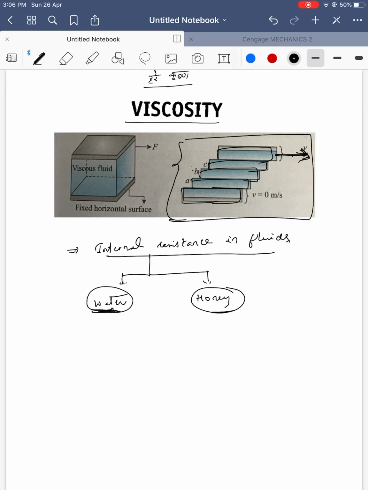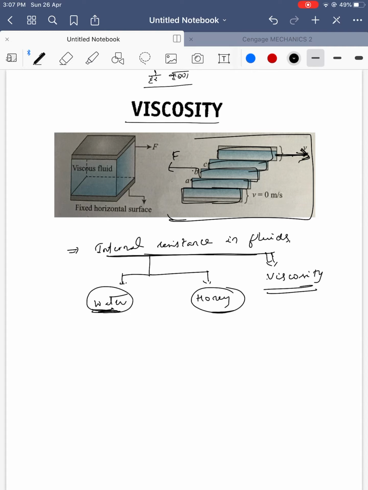In which direction? That resistance will act in the backward direction, opposite to the movement of the liquid layers. So this property is due to viscosity. The internal resistance in the fluid is due to the viscosity.